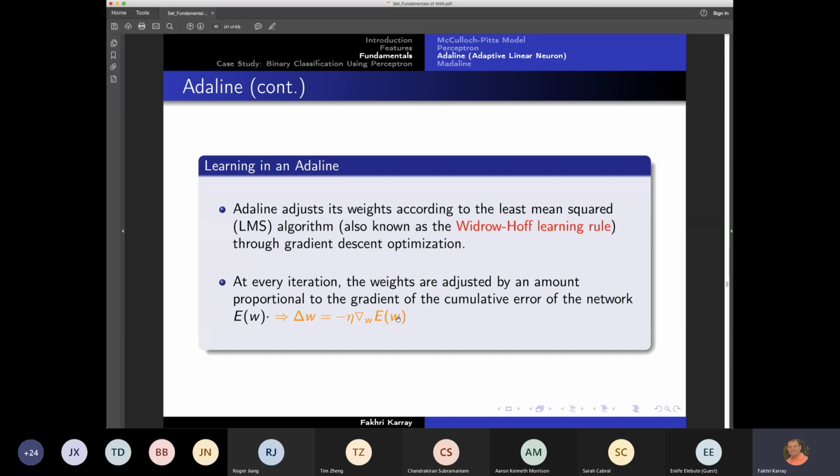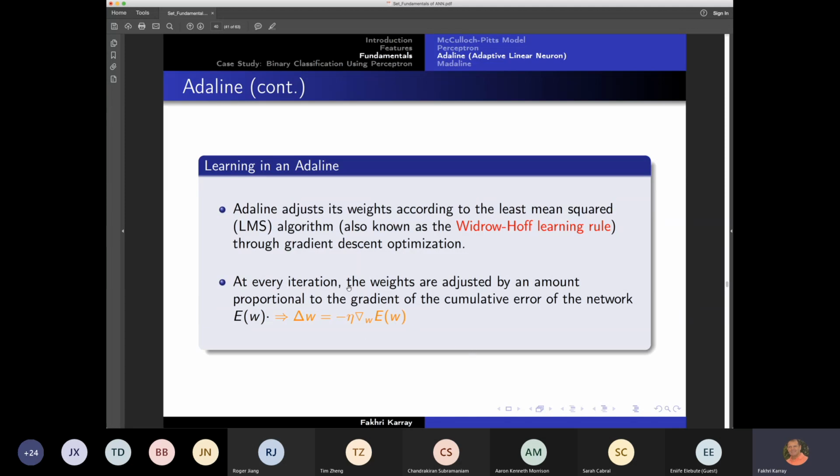So it gives us the decay of the error in various directions. Remember that the derivative of a function is the tangent at a particular point of the function. The gradient is a multi-vector composition for a function that is multivariable. And remember that the E(omega) here, E(w) of the weights, is a function of multiple variables.